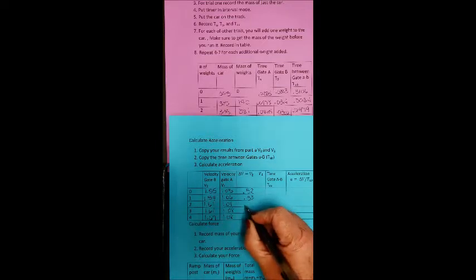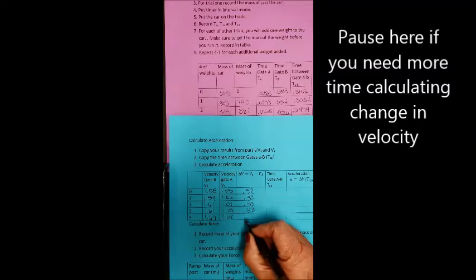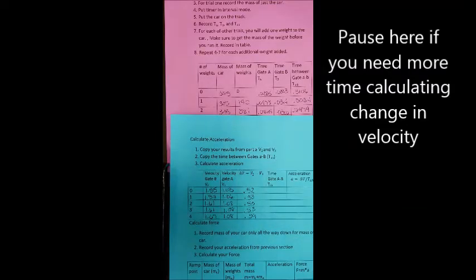Then 0.53, 0.59. If you need to, go ahead and hit pause and finish calculating your delta V.